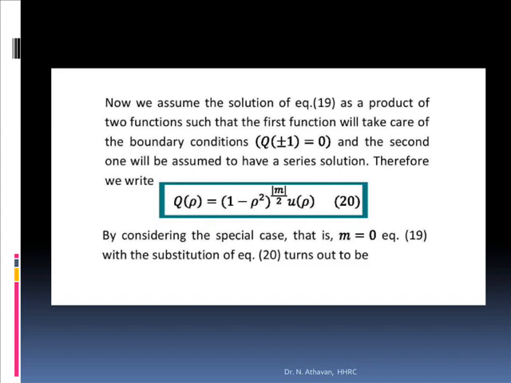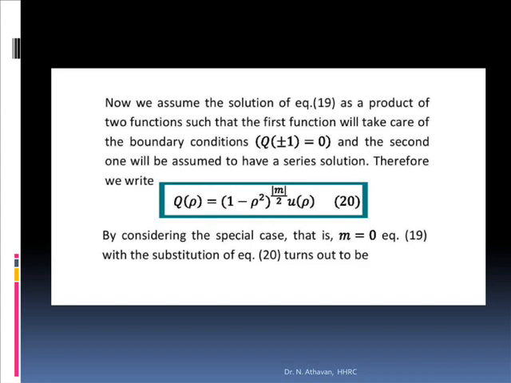Therefore, we write Q of rho is equal to 1 minus rho square to the power m by 2 into U of rho, in which 1 minus rho square will take care of the boundary conditions. That is, if you put rho is equal to 1, the first term is 0. Therefore, Q of rho is 0 when we substitute rho is equal to plus or minus 1.